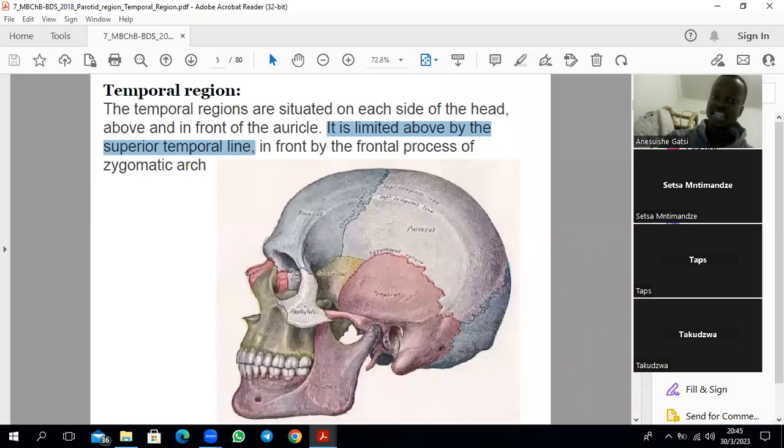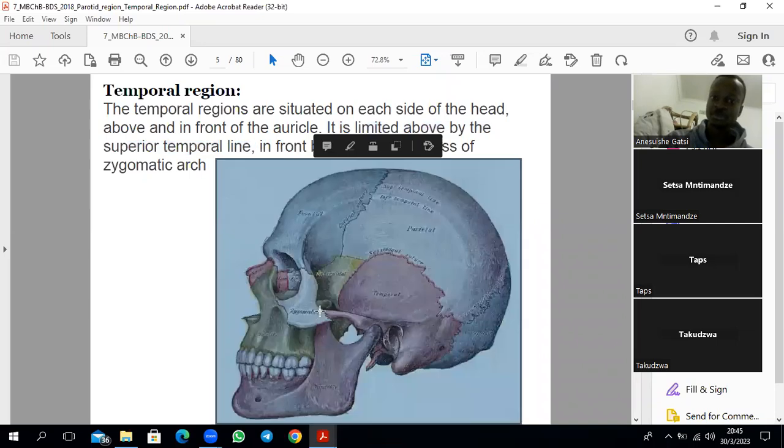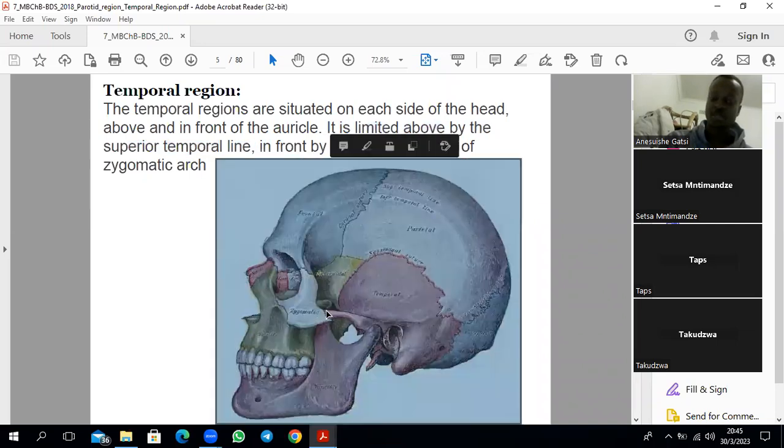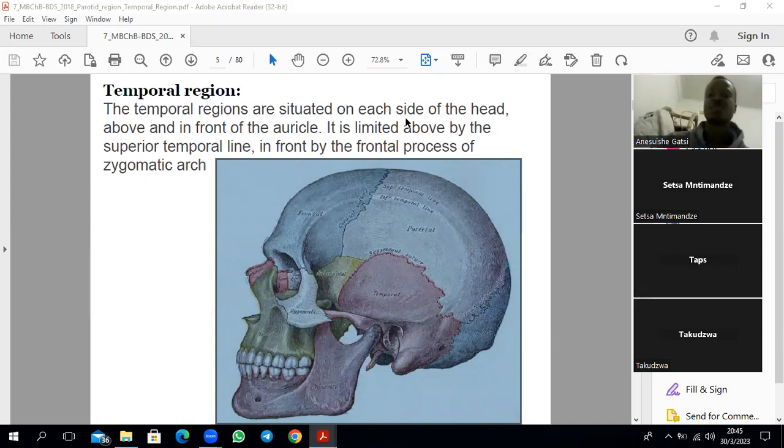Then anteriorly, it's limited by the frontal process of your zygomatic bone. Or basically, we can just say inferiorly again, there's the zygomatic arch, because behind the zygomatic arch, we said there's a space that allows for communication between the temporal fossa above and the infratemporal fossa below.